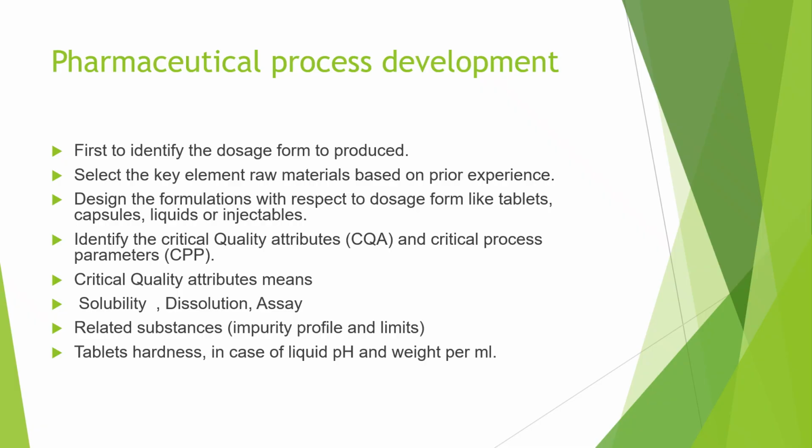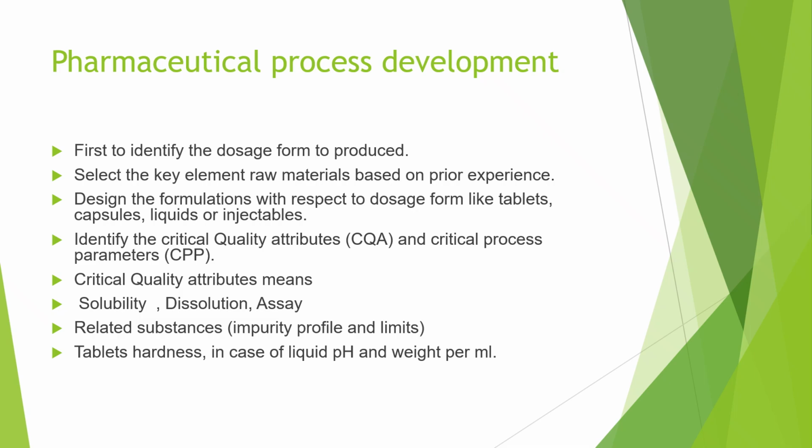First, identify the dosage form to produce, means which product we have to run or develop. In which dosage form it is decided, like tablet, liquid, injectable, whatever is there. Based on that, they select the key elements, raw materials based on prior experience, design the formulations with respect to the dosage form, like tablet, capsules, liquids or injectable, whatever is required, and identify the critical quality attributes and critical process parameters.